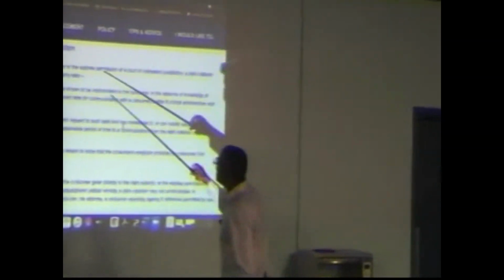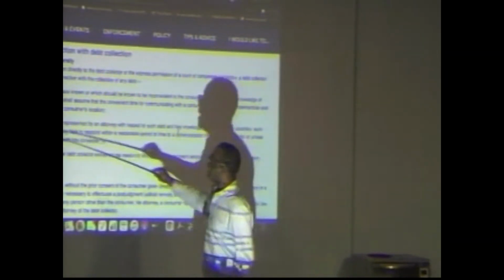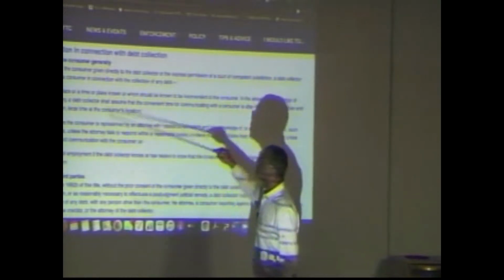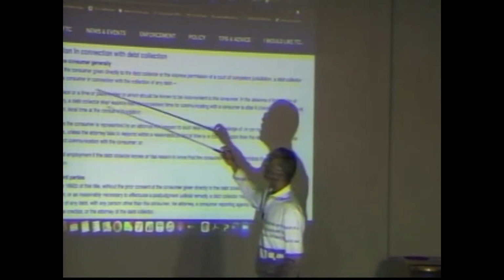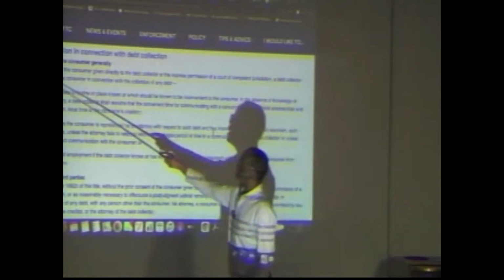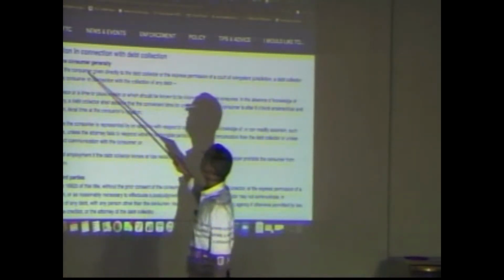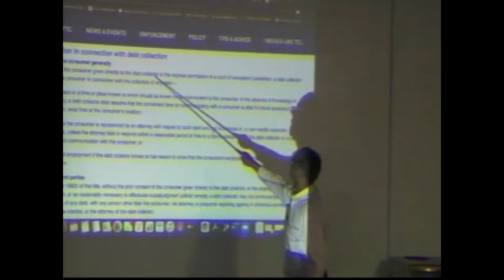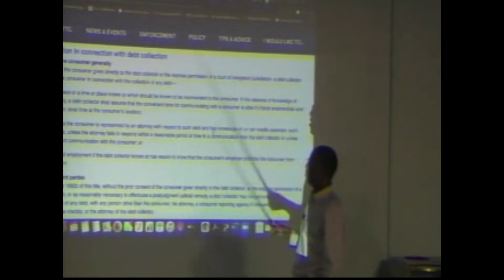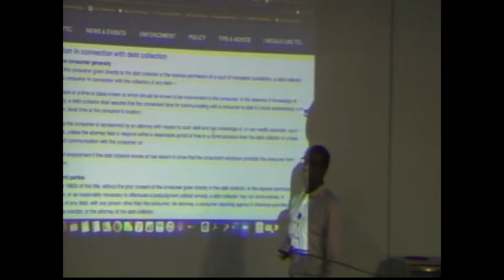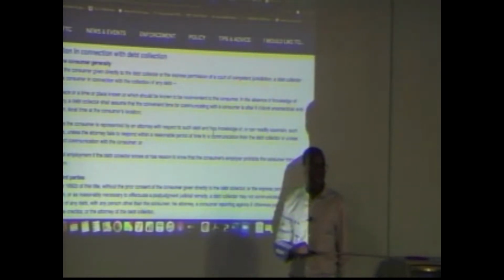Now, when people read this, they say 1, 2, 3, they get confused and think, well, they can communicate with this. But that first line is telling, without prior consent of the consumer given directly to the debt collector or express permission of a court, meaning a court order, they cannot communicate with you at all.